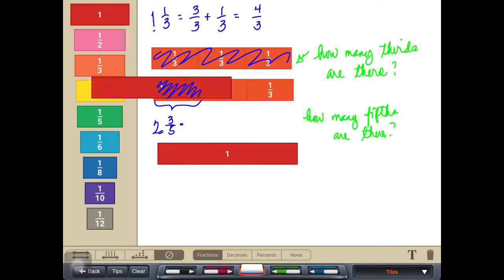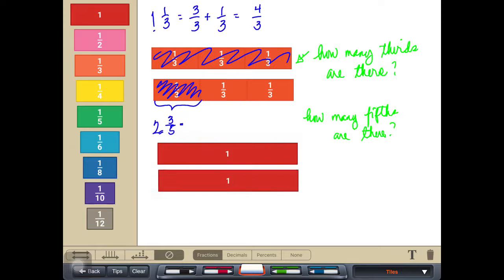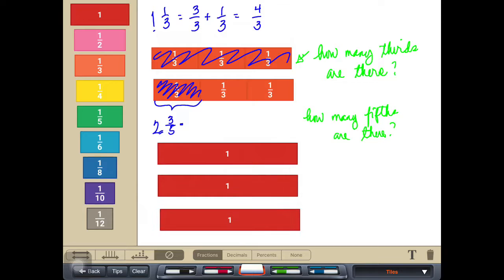So let's have this one first. 2 wholes and 3/5. So fifths, 1, 2, 3, 4, 5. 1, 2, 3. So we already represented 2 wholes and 3/5. Let us now turn our whole number into fifths this time.